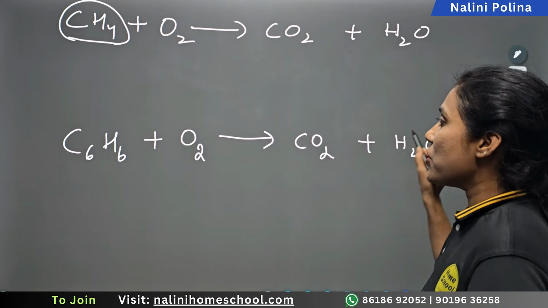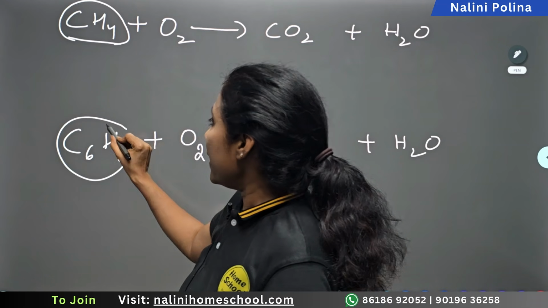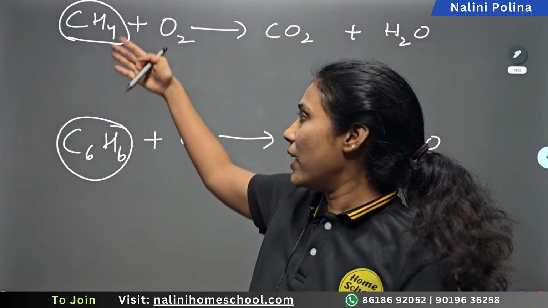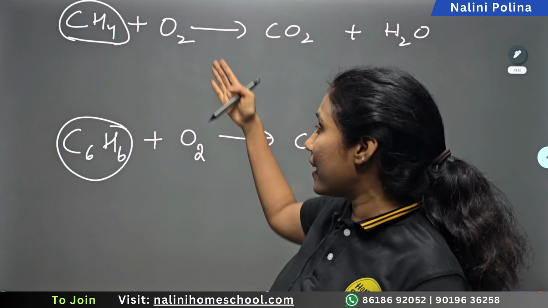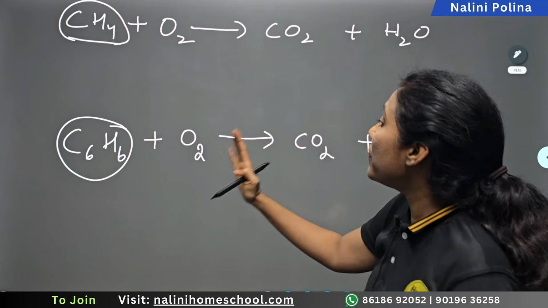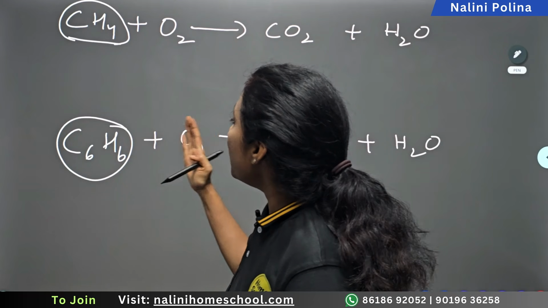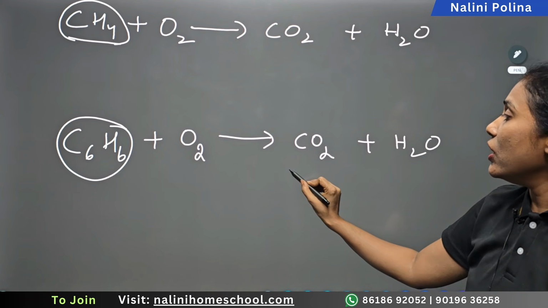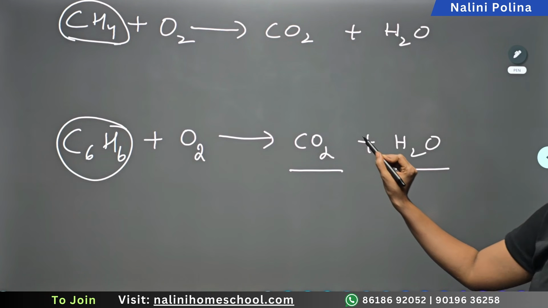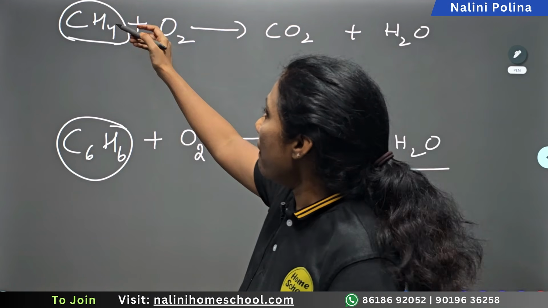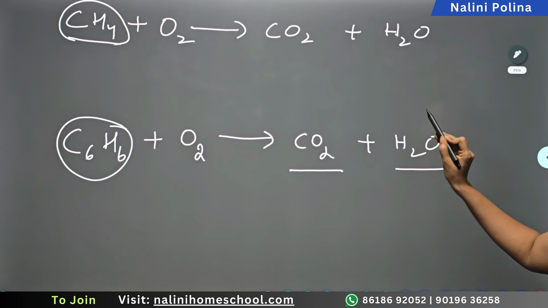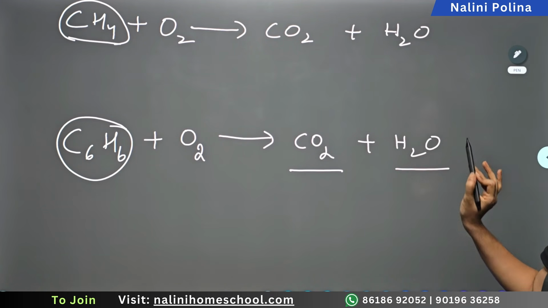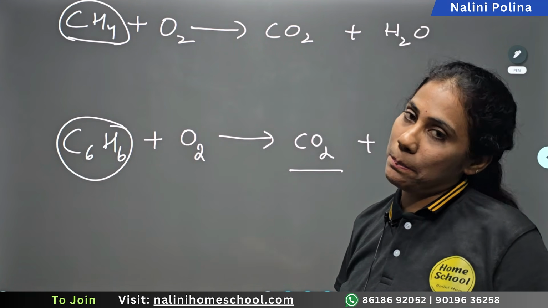This is also a combustion reaction. The compound can change, it can be whatever compound it is. Combustion always means burning with oxygen, and after any carbon compound burns with oxygen, it will always give the products carbon dioxide and water. No matter whatever the reactant is, you will always end up getting carbon dioxide and water as the products.